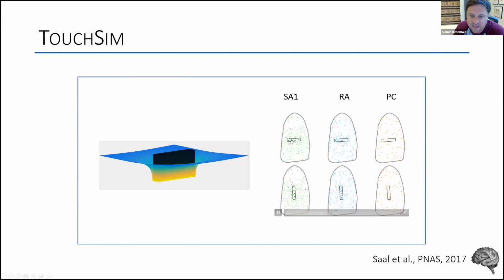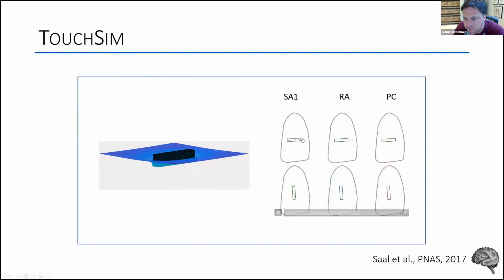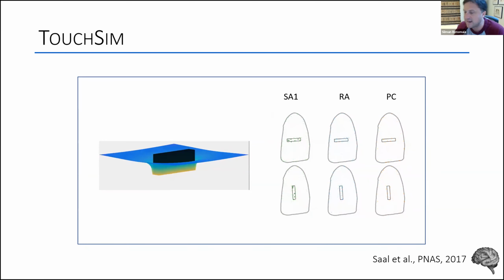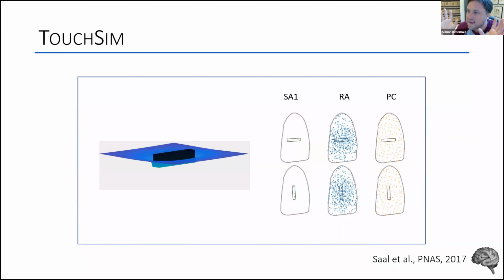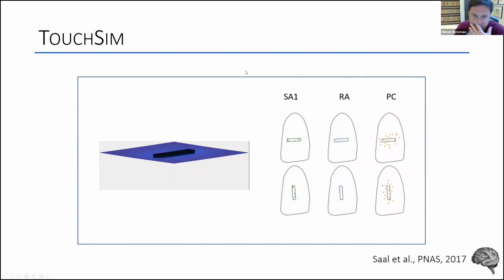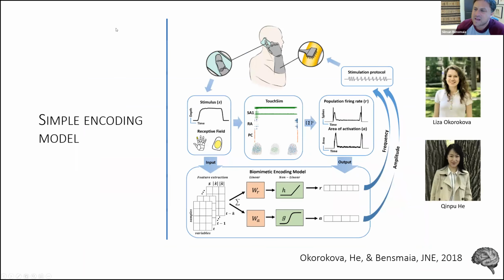For instance, you can see that SA1 fibers respond throughout the indentation. RAs and PCs only respond at the onset and offset. Anyways, this is just some eye candy to give you a sense. Every time something twinkles, it means an afferent got excited. It's just to give you a sense of how this model works. So this model reproduces the neural activity of all 12,000 nerve fibers, right?